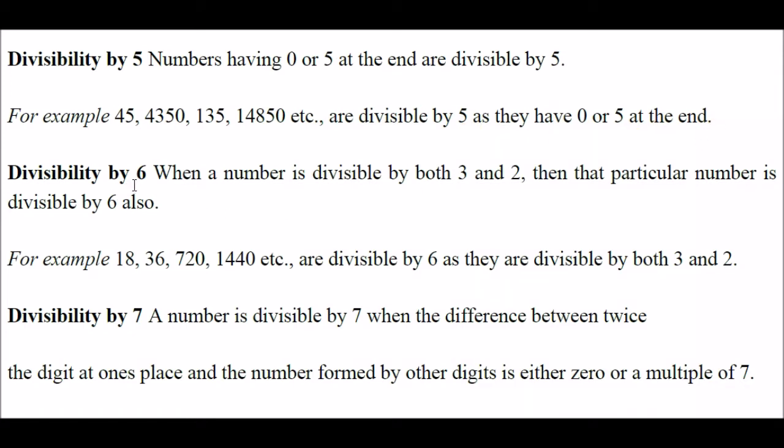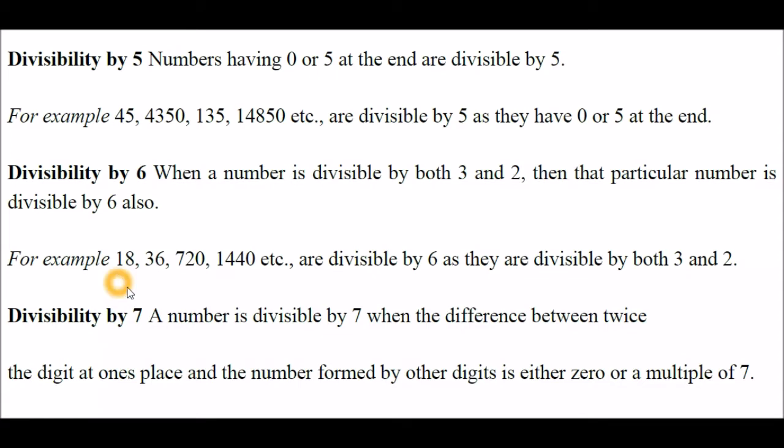Now, divisibility by 6. When a number is divisible by both 3 and 2, then the given number is also divisible by 6. See these examples, 18. 6 3s are 18, 2 9s are 18.